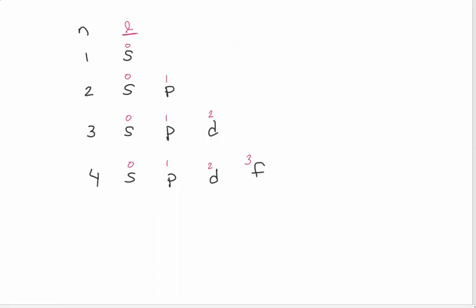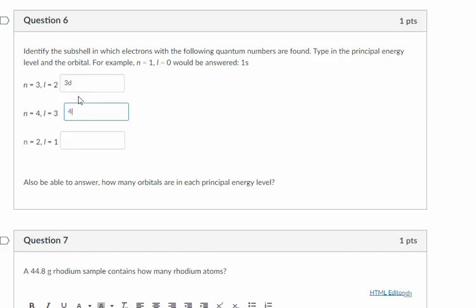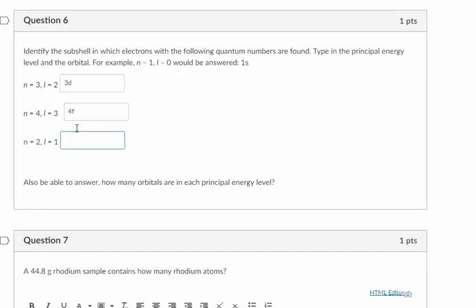So here's N equals 4, L equals 3. So this is going to be our 4F orbital. And the last one, we have N equals 2, L equals 1. So I come down to N equals 2, L1, we have a 2p. So that's what gets entered there.